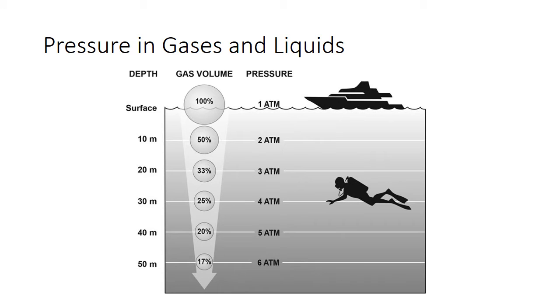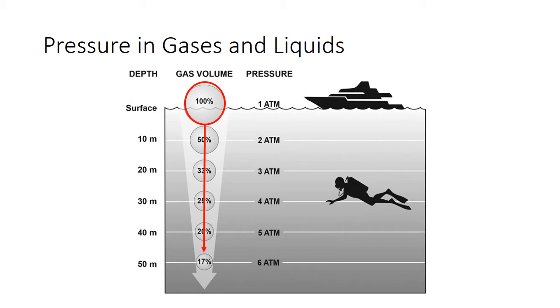Pressure increases as we go down in the ocean. At the surface, there is a pressure of 1 atmosphere. This is a balloon at the surface. It is at 100% gas volume. As we go down, the pressure increases.